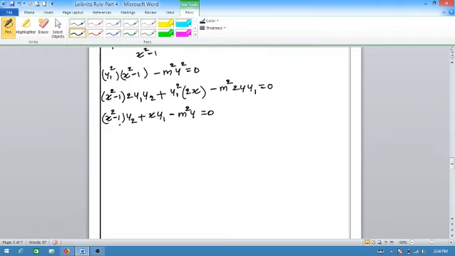So now what I will do, apply the Leibnitz rule and simplify. So what you will get, x square minus 1 as it is.